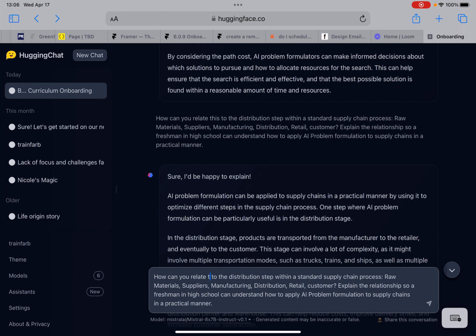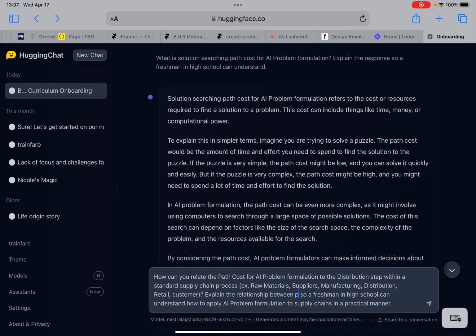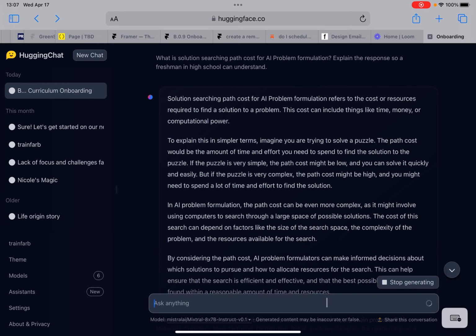How can you relate the path cost for AI problem formulation to the distribution? That's a better prompt.